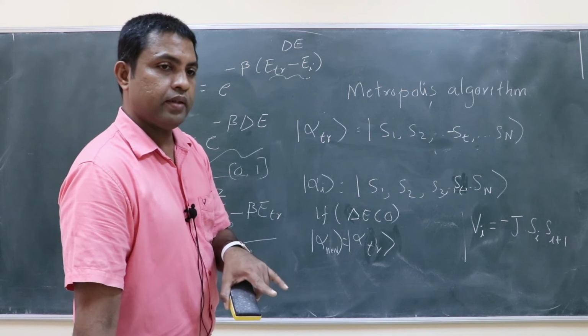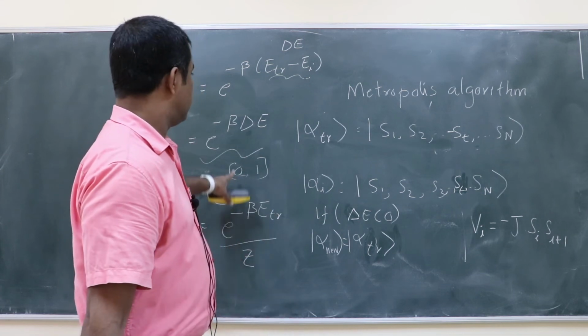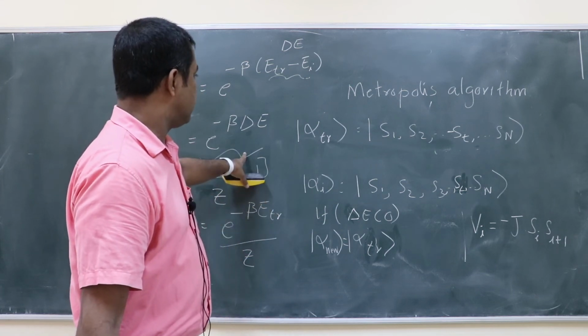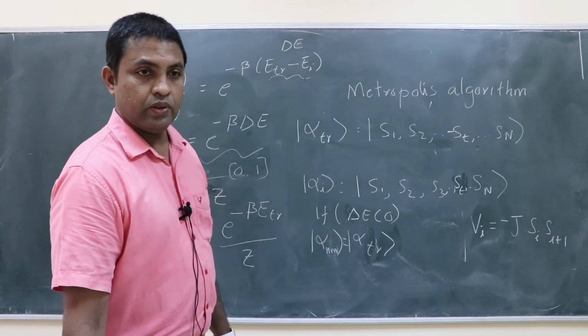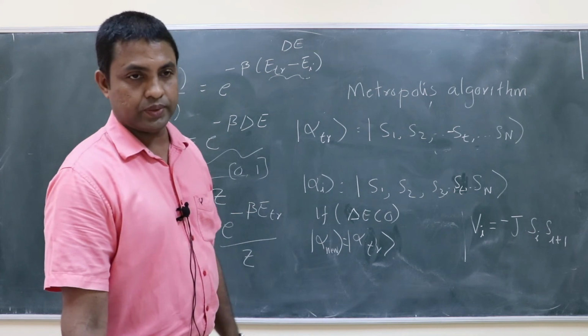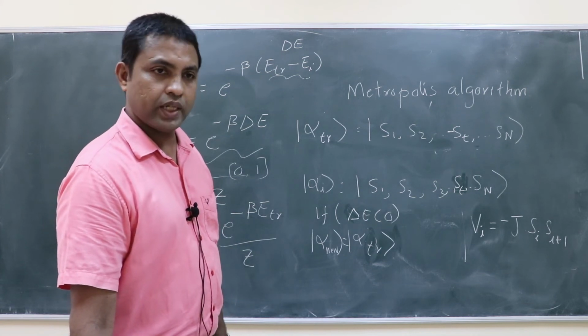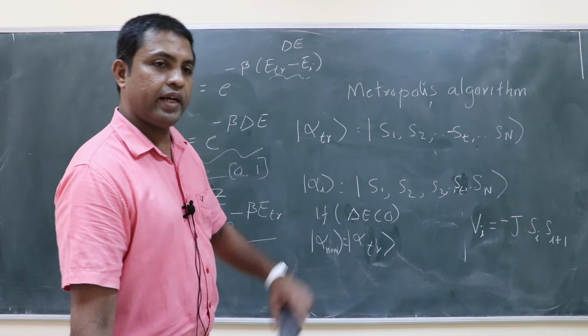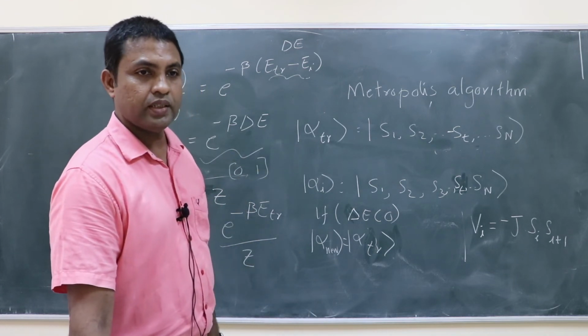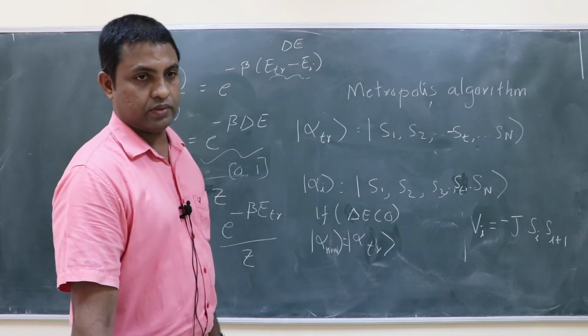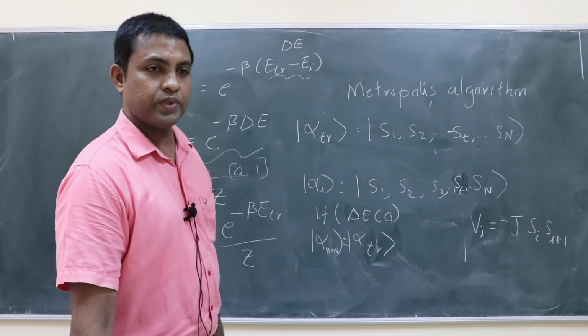If you make a trial and the random number you get from that uniform distribution between 0 and 1 is less than this number, that is e to the power minus beta delta E, you accept this configuration. Okay, if that random number is higher than this relative probability, you reject this. Okay, is that clear?